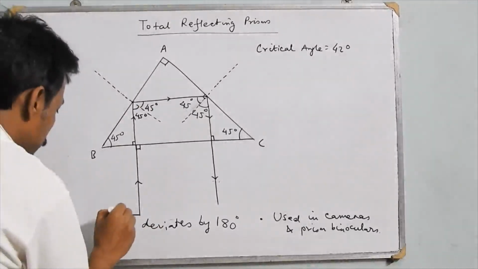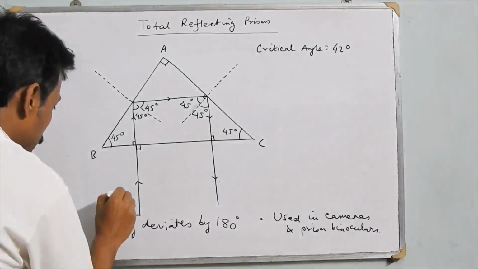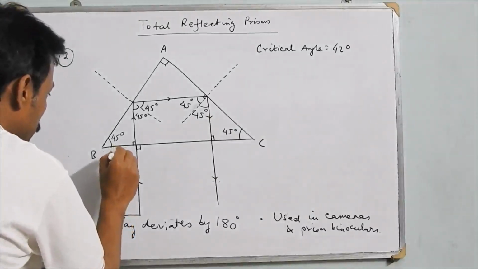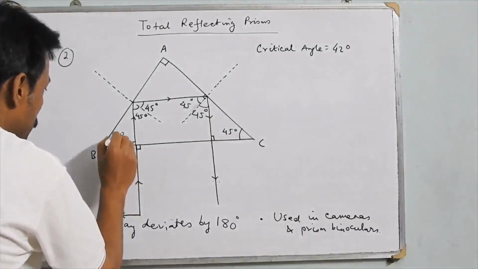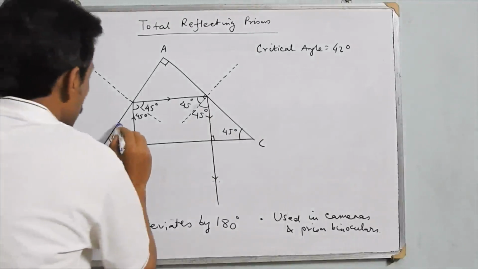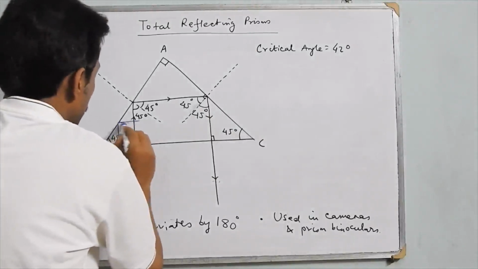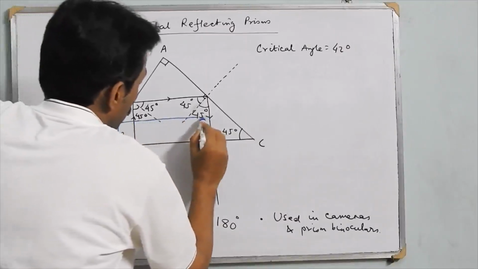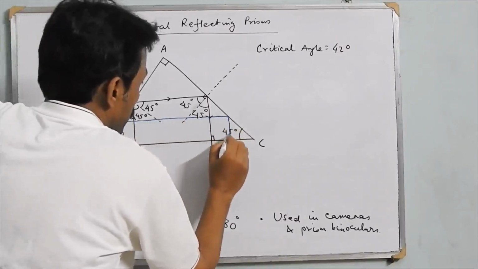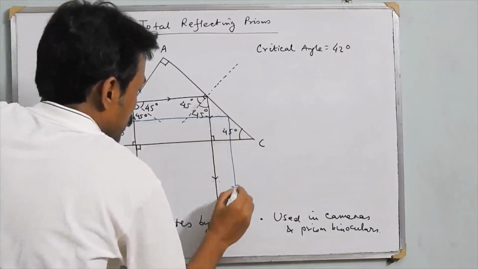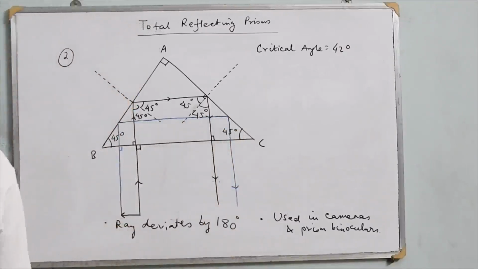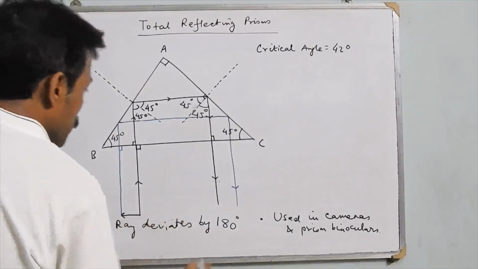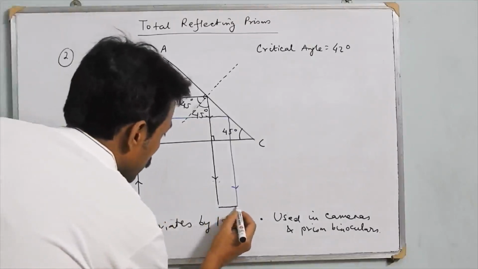Suppose another ray which falls perpendicularly. This ray which falls perpendicularly will follow a similar path. It will deviate by 90 degree here. It will move on, and here also it will deviate by 90 degree and follow its path. So now you will get the image of this particular object in this manner.